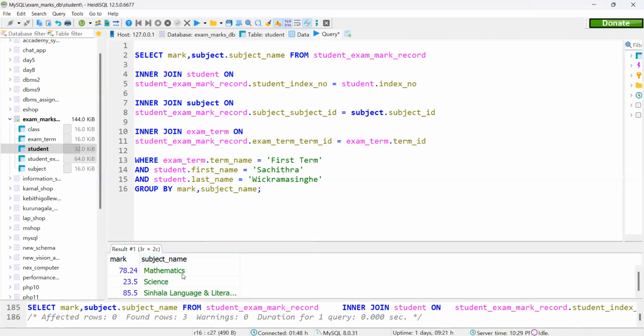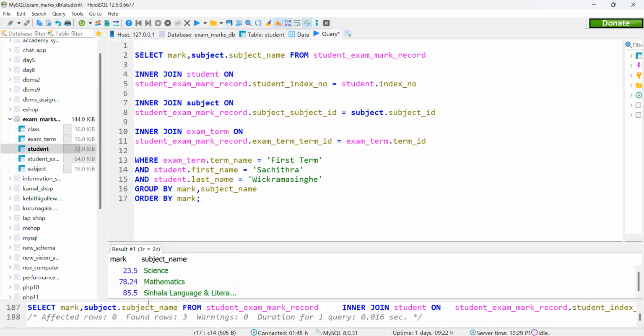Then we got every mark, and let's find which is the highest mark. Order by mark.